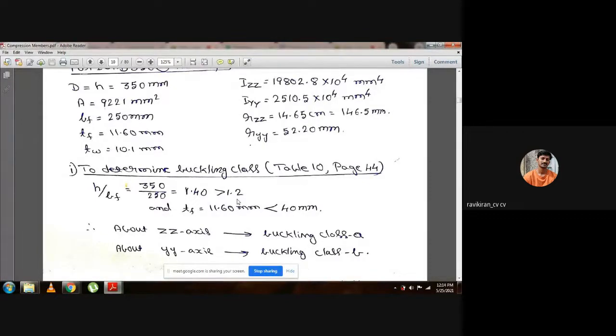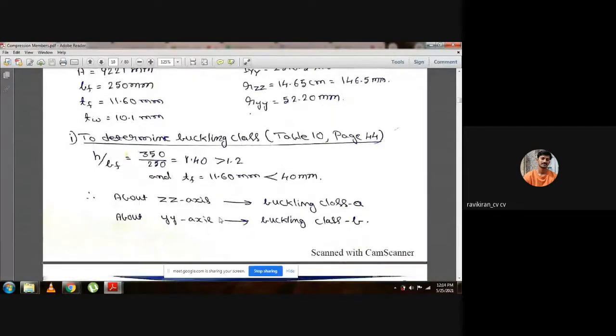Same way, thickness of flange is 11.6 millimeter, and here they are telling thickness of flange less than or equal to 40 millimeter, so we can go with the first row. If you further move on to buckling about axis, it shows ZZ and YY axis. For the ZZ direction, you will get buckling class a. For the YY axis, buckling class will be b. Okay, for the moment you note this down and move on.